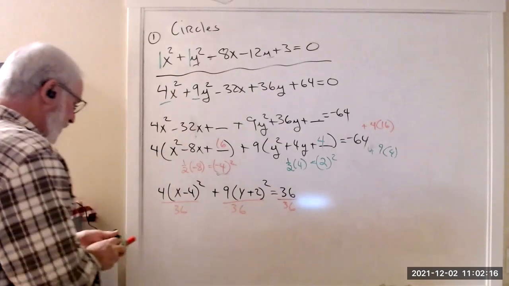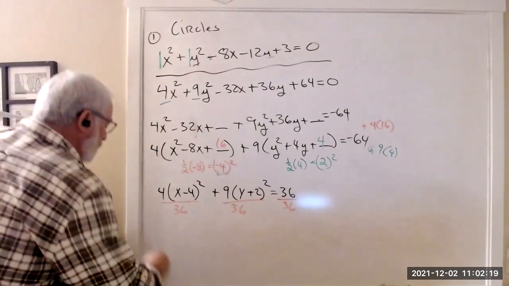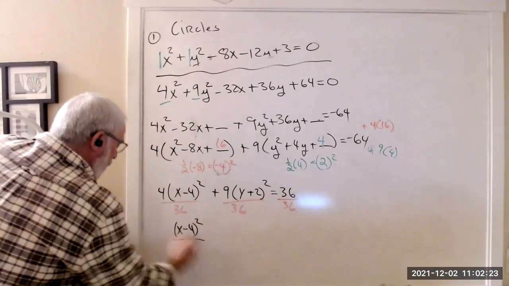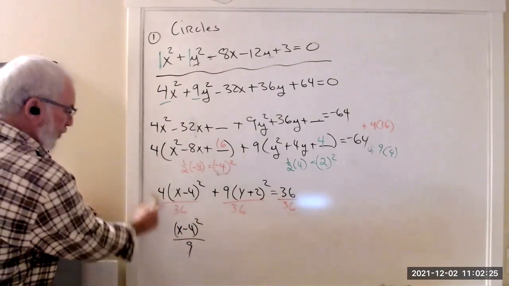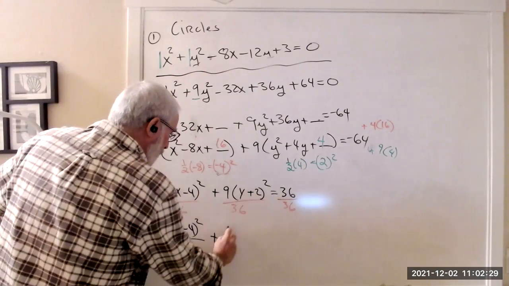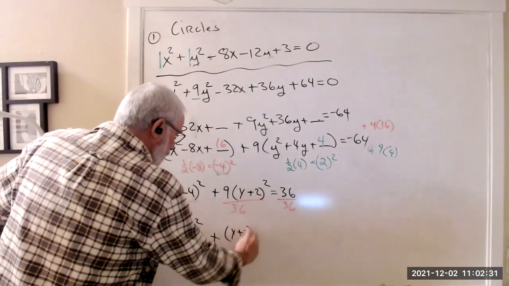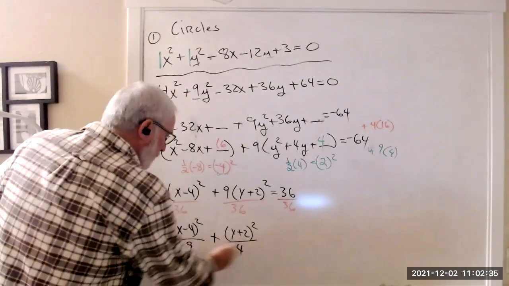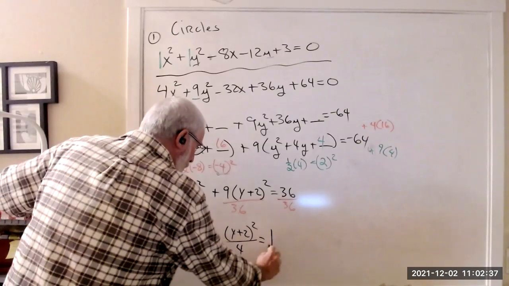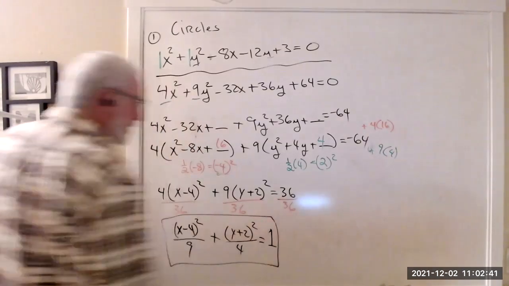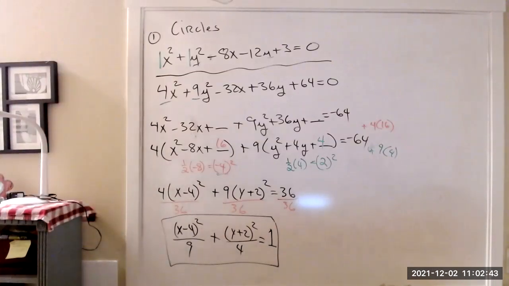Then that simplifies to x minus 4 quantity squared over 9, because 4 and 36 reduce to 9, plus y plus 2 quantity squared over 4 equals 1. And that is standard form.